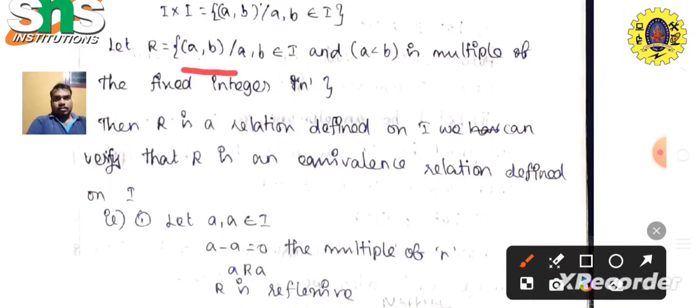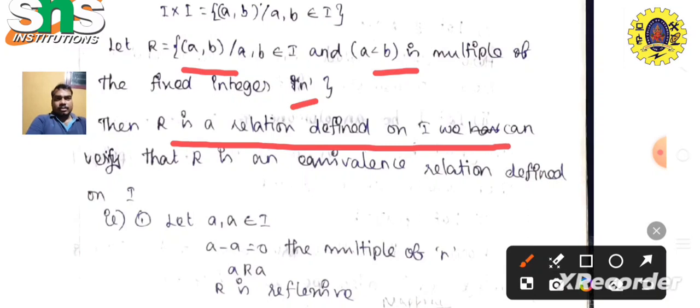This is the problem. Let R equal to the ordered pair (a, b) such that a minus b is a multiple of a fixed integer n. So we have to prove R is an equivalence relation.